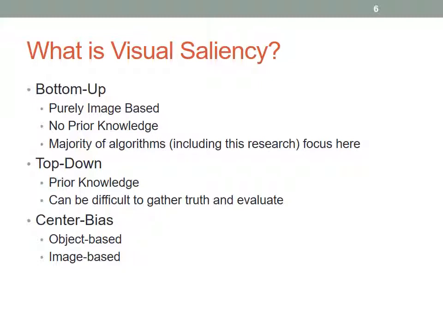For example, if you had a face, you're probably going to look towards the eyes and the nose, near the center of the face. You're probably not going to start looking around the ears or something like that. Image-based center bias is, at rest, where's the human looking? They're probably going to look at the center of the image. That changes when there are more features in the image, but I've seen that with more randomized images, humans just focus on the center of the image.